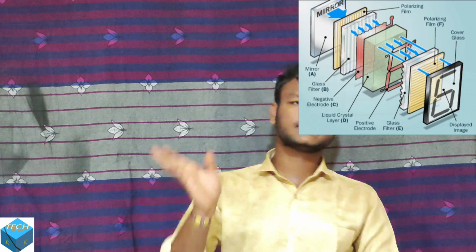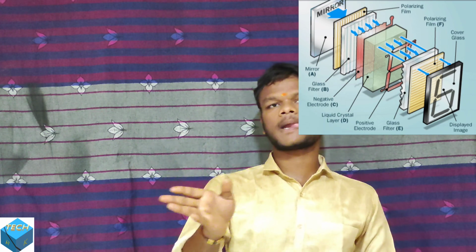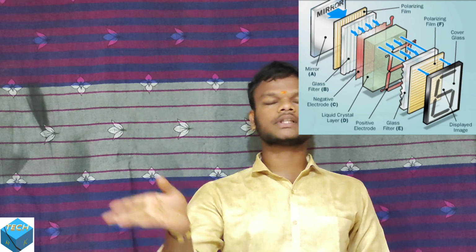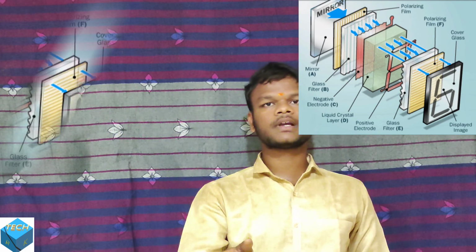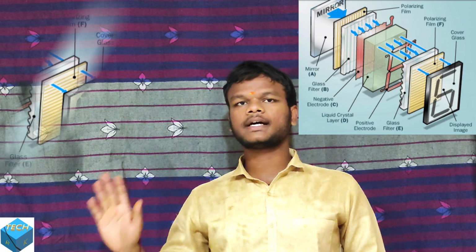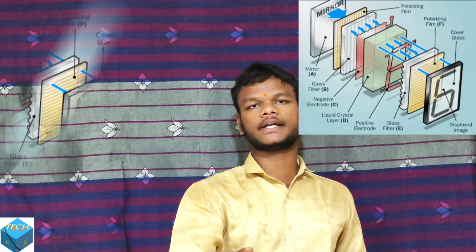And then the next layer, after the positive electrode, is a polarizer. Again here is one more polarizer. This front polarizer is the second polarizer. We have the first polarizer in front of the backlight, and another polarizer in front of the positive electrode.